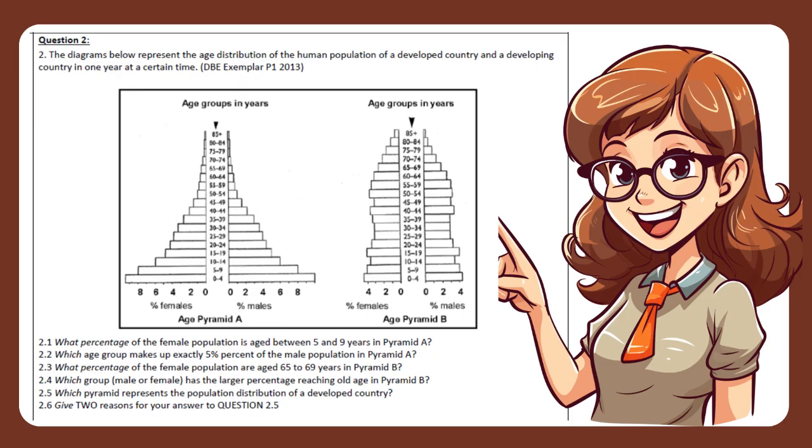Question 2. The diagrams below represent the age distribution of the human population of a developed country and a developing country in 1 year at a certain time.